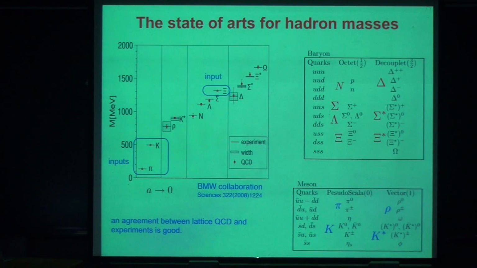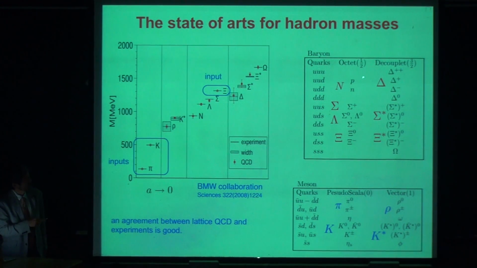This is a state-of-the-art calculation for the hadron masses. So we now consider three different quarks: up, down and strange. In this case, there are several hadrons.